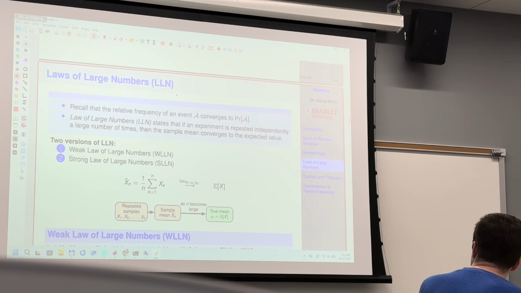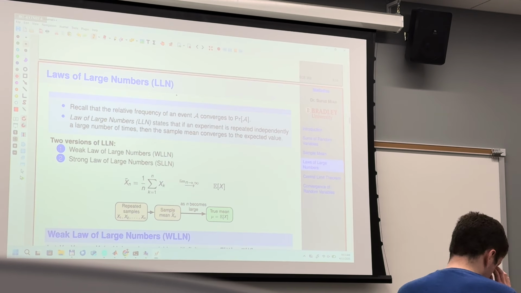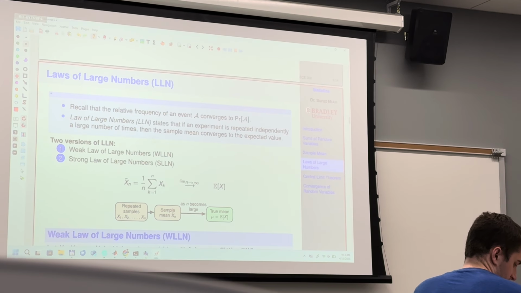So the number of measurements affects the decision. That's the ultimate objective of these laws. Depending on how many measurements we take, that affects the decision, which makes sense. Do you recall that in our first chapter we went through relative frequency?